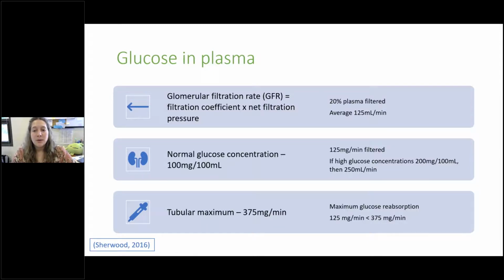The tubular maximum is the ability for glucose carrying mechanisms to reabsorb the most amount of glucose possible, maxing out at 375 milligrams per minute. On average, we are nowhere near our tubular maximum for glucose.